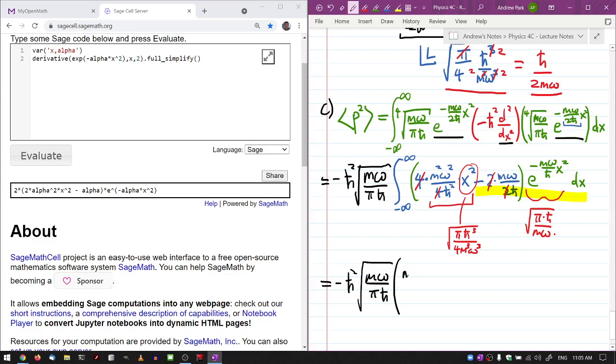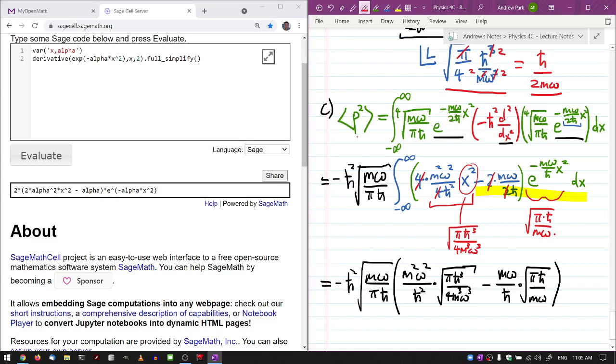So I have m squared omega squared over h bar squared times, now the result from the integral, the square root of pi h bar to the third over 4 m to the third omega to the third, minus these coefficients that were not part of the integral, m omega over h bar times the square root of pi h bar over m omega from the integral. All right, let's see what cancels.